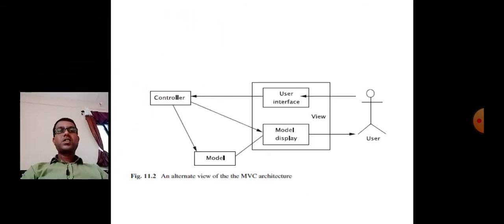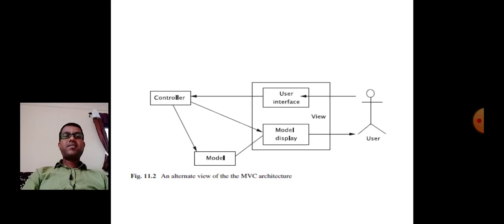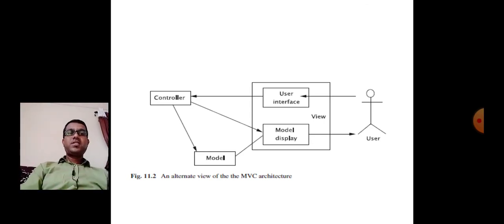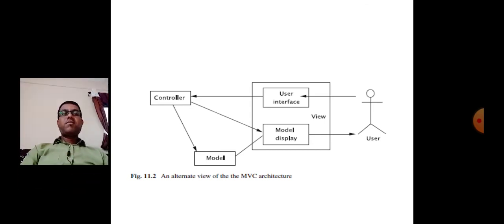So this architecture has a model. That model is to be displayed, and for the interface, that is the view, and the controller shows the interaction with this MVC with the user.